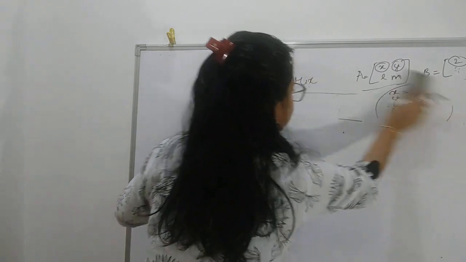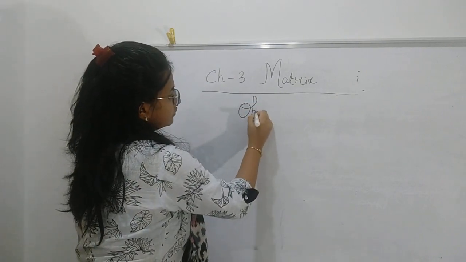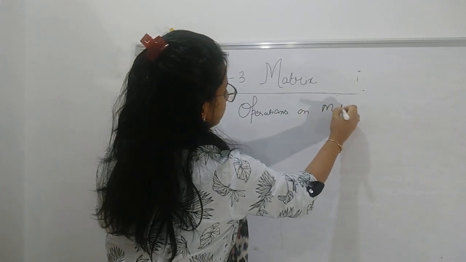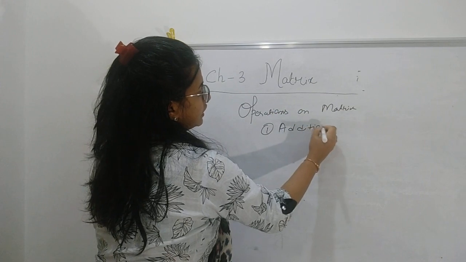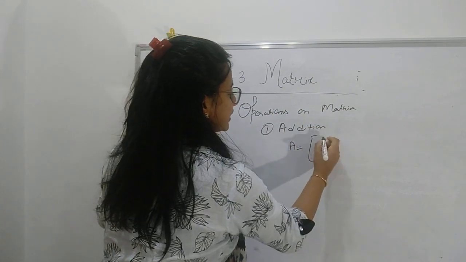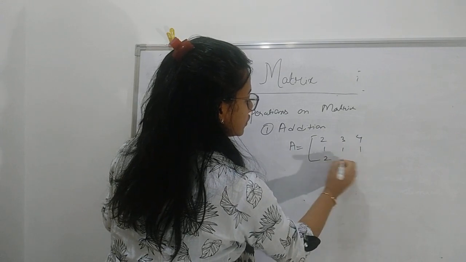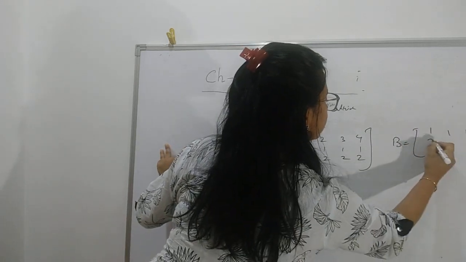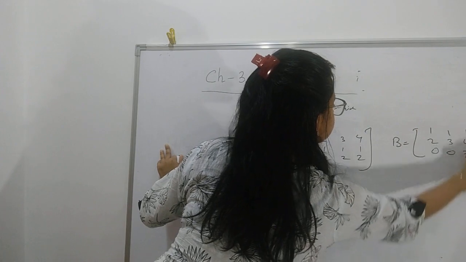Next we will see some operations on matrix. First we will see addition. Suppose A is a matrix having the elements 2, 3, 4, 1, 1, 1, 2, 2, 2, and B is another matrix having the elements 1, 1, 1, 2, 3, 4, 0, 0, 7.